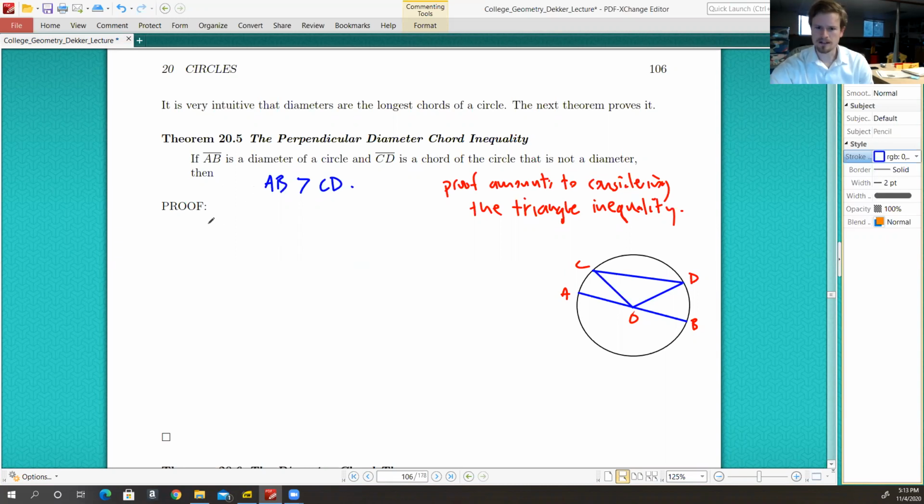So step number 1, AB is a diameter of the circle with origin, let's say O, and radius OA. And then CD is not a diameter.